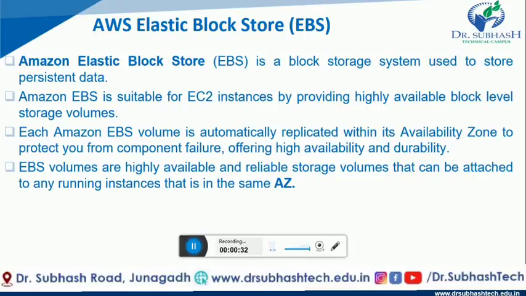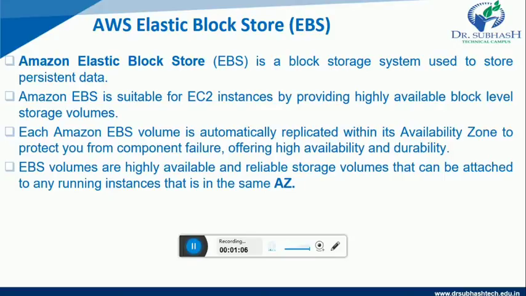Amazon Elastic Block Store is a block storage system used to store persistent data. Amazon EBS is suitable for EC2 instances by providing highly available block level storage volumes. Each Amazon EBS volume is automatically replicated within its availability zone to protect you from component failure, offering high availability and durability.